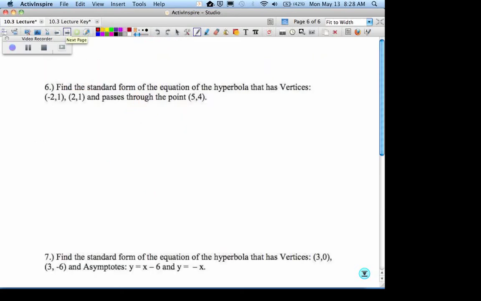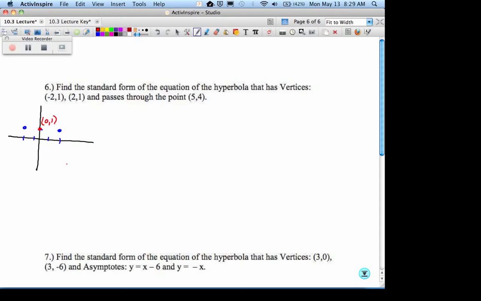Find the standard form of the equation of the hyperbola that has vertices negative 2, 1 and 2, 1, and passes through the point 5, 4. Where's your center? 0, 1.